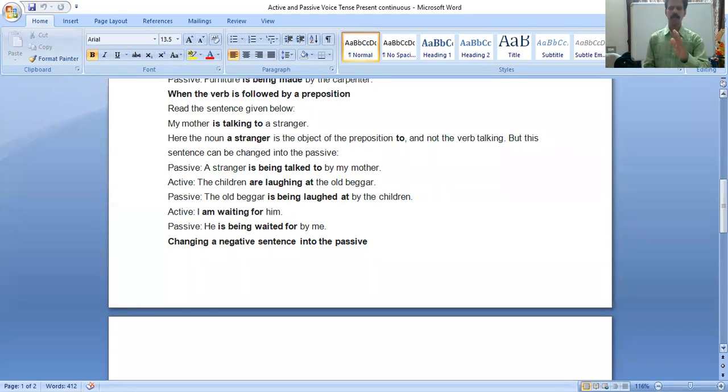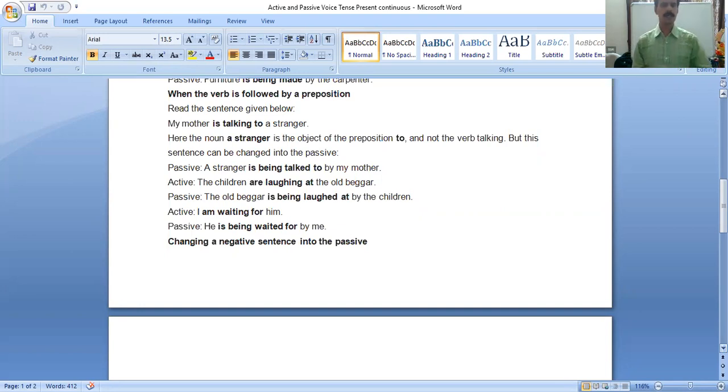A stranger is the object, so in the passive form, when we frame the sentence back, a stranger is being talked to by my mother. Here we cannot omit to; we must add to as it is after the verb. Okay, this is the way.